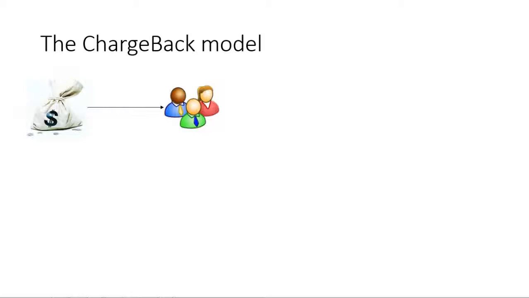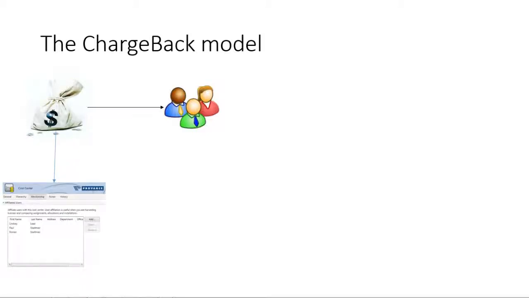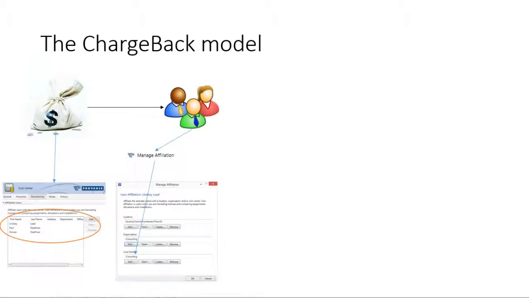In Service Manager or Provance, this is represented in the cost center as members. Okay, so in that orange ellipse here, we see the members of this cost center. From the user perspective, it's a so-called affiliation. So if a user is affiliated to the consulting cost center, it's shown in the cost center as a member.